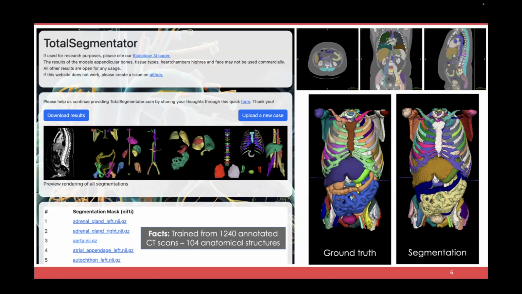It's based on a U-Net, and it's trained on approximately 1,200 CT scans of the human body. But within each of these scans, there are 104 anatomical structures labeled.